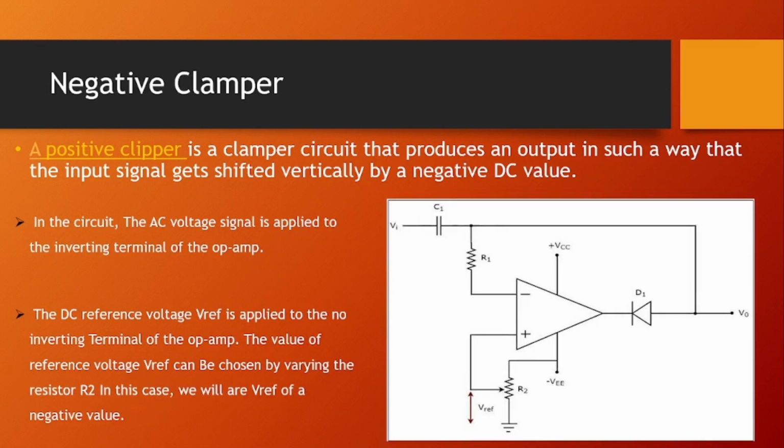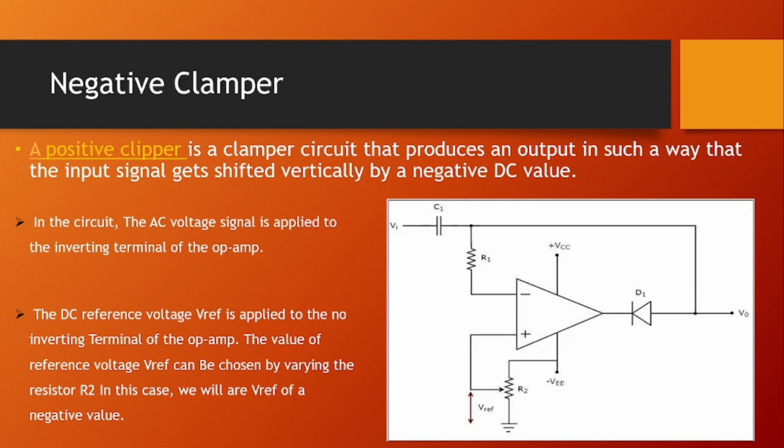Good morning. My name is Margib Sipolse. So, to continue, negative clampers. A negative clamper is a circuit that produces an output in such a way that the input signal gets shifted vertically by a negative DC value.